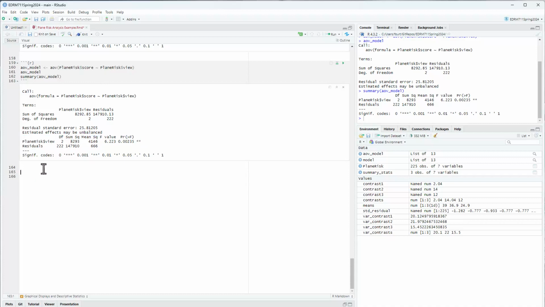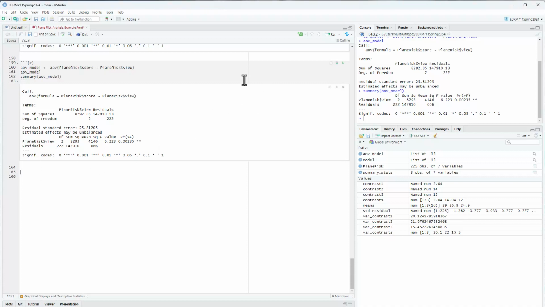Now again, why am I bothering to do AOV model when we already know how to make that ANOVA table? It's so that I can do Tukey. Tukey requires that you have saved your model in an AOV model. So let me show you now how we do Tukey. It's pretty straightforward.